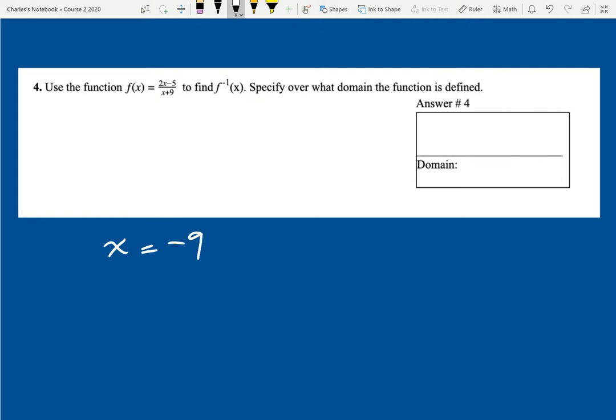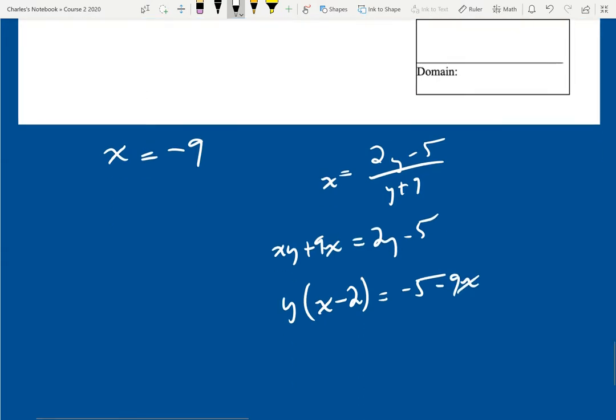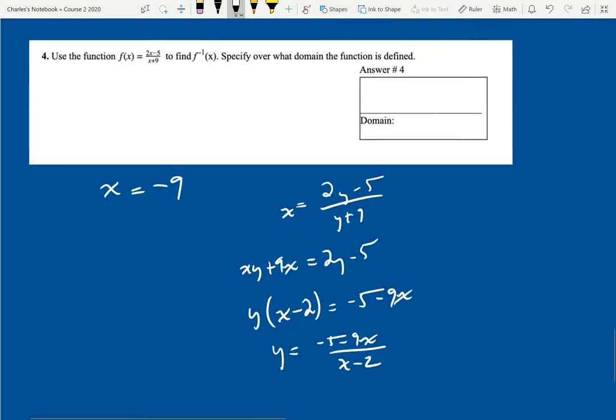In the inverse function, let's see, I have to do this real quick. So for my inverse function, I get -5 minus 9x over x minus 2.